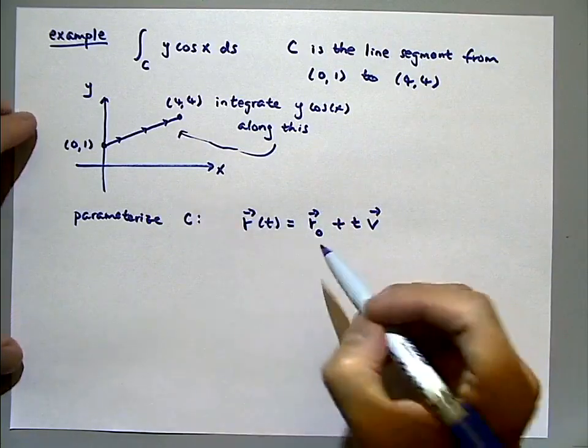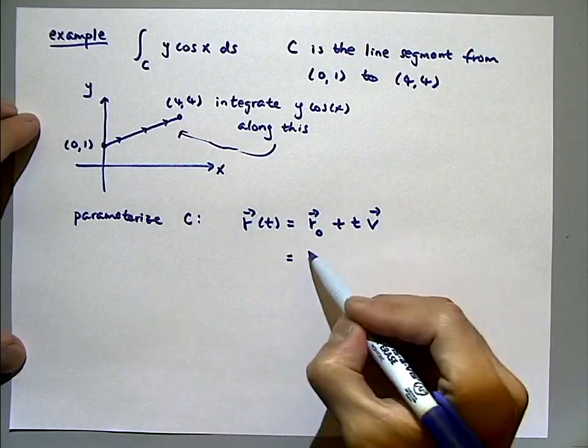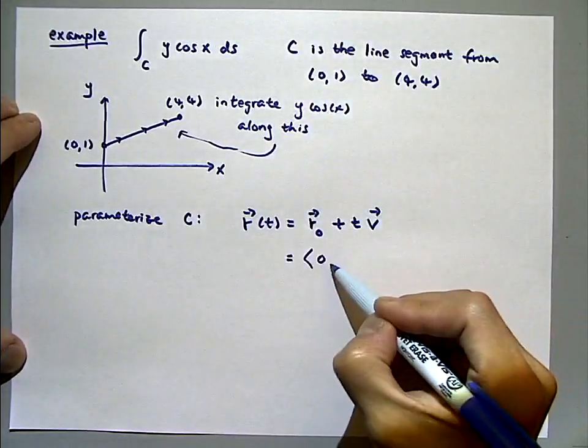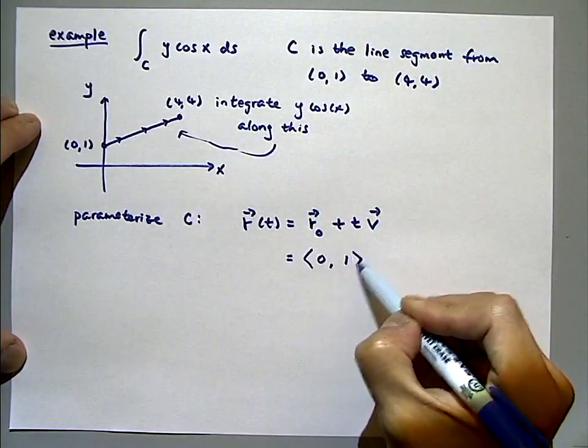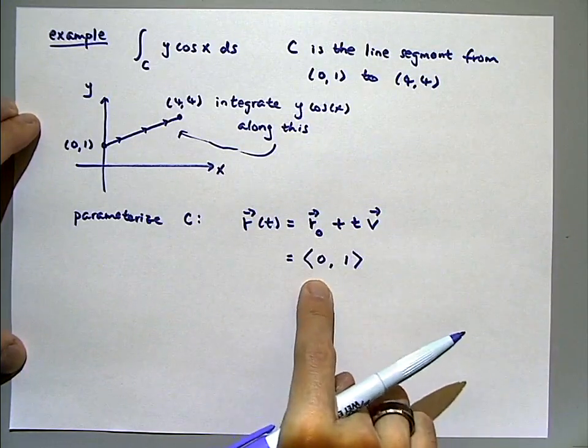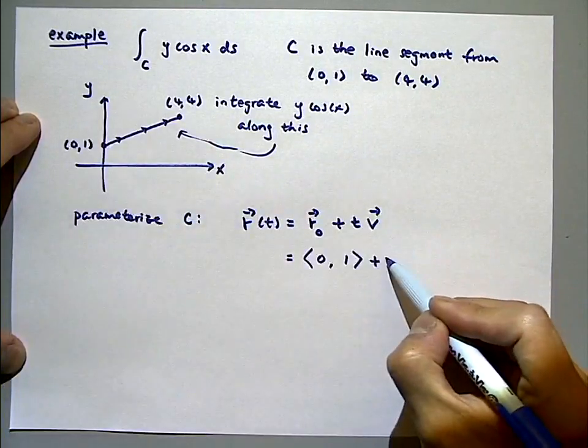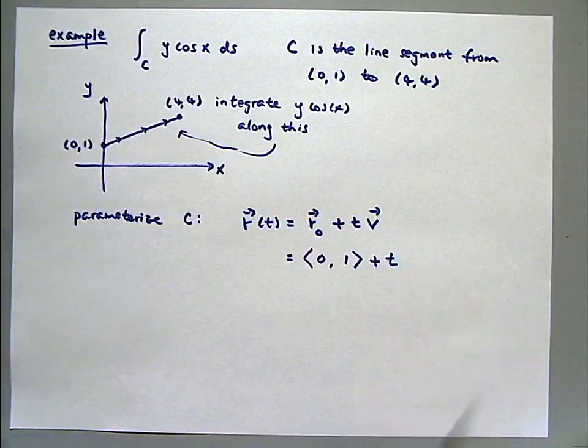So in our case here, we need a vector to either of these 2 points. So just pick the first point. Vector to the first point is (0, 1). This is a vector from the origin to that point, plus the parameter t. And how do we find v? How do we find this vector giving us the direction?